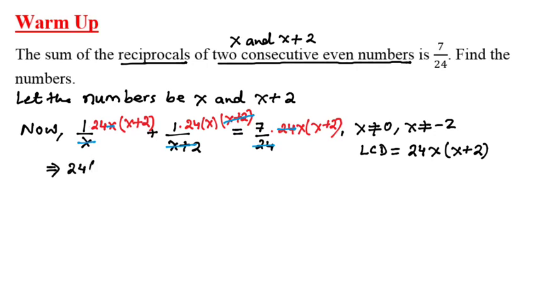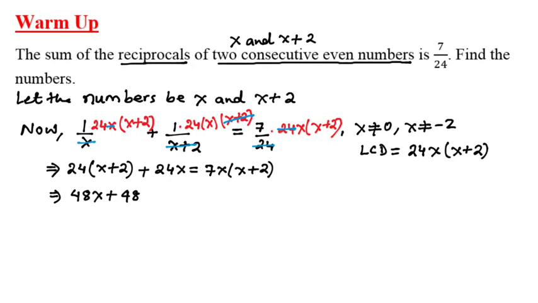So let's see what is remaining. In the first term, we have 24 times x plus 2, plus in the second one, we have 24x, equal to, on the right hand side, we have 7x times x plus 2. If we distribute 24 and combine like terms, it becomes 48x plus 48 equal to, on the right hand side, if we distribute, 7x squared plus 14x.